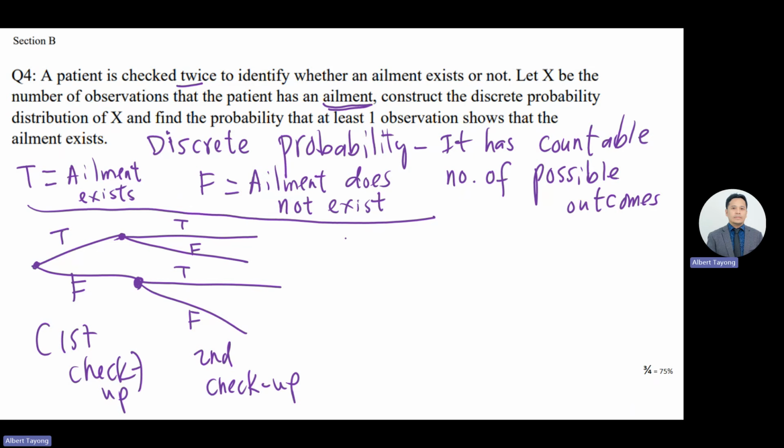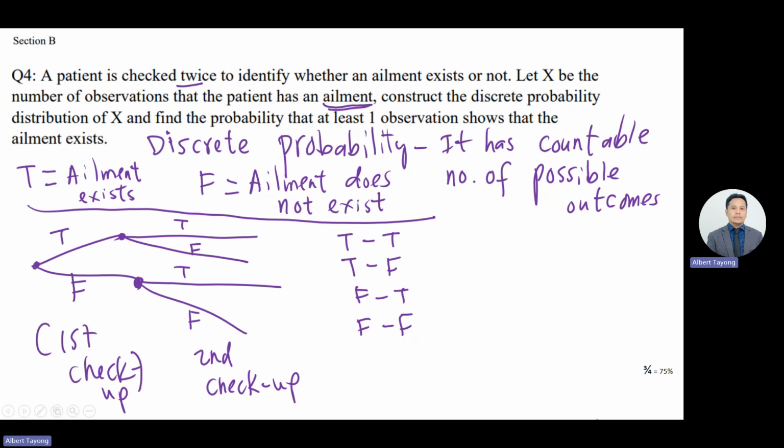Now we have the first line as true, true. Second is true, false. Follow the lines, FT and then FF. Here, TT means during the first checkup, it shows that the ailment exists, and during the second as well.